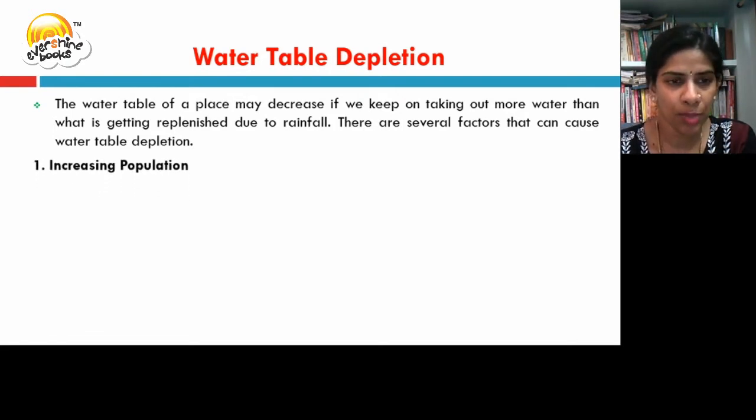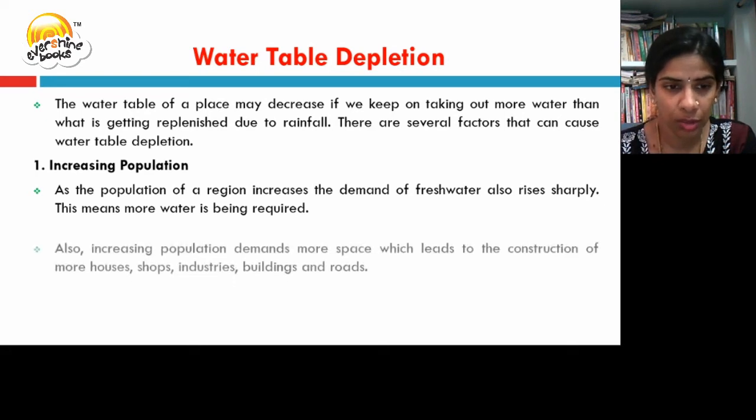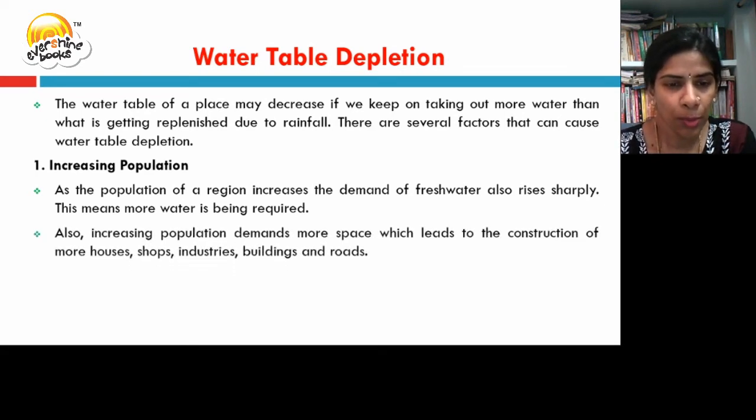First is the increasing population. When the population of a region increases, the demand for fresh water also increases. That means we need more water. The population also demands more space, which leads to the construction of more houses, shops, industries, buildings, and roads.